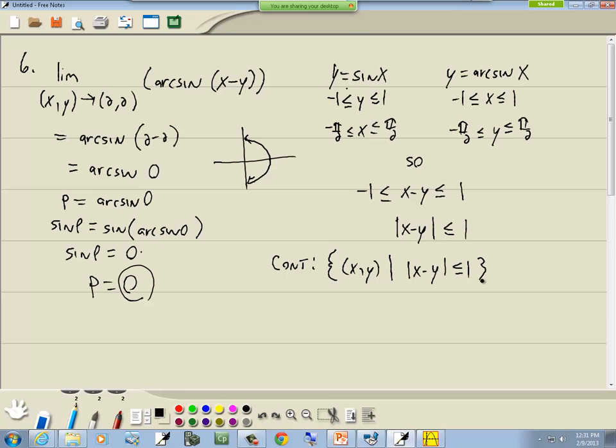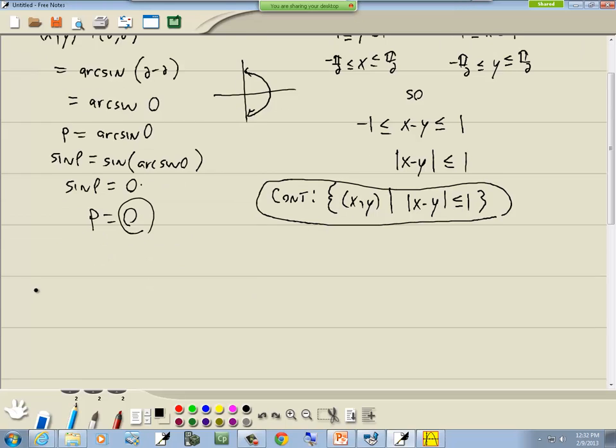I'm not going to write down that x and y are real numbers, but that's where it's continuous. If you look at it, 2 minus 2, that's okay, isn't it? 2 minus 2 here is 0, which is less than 1.